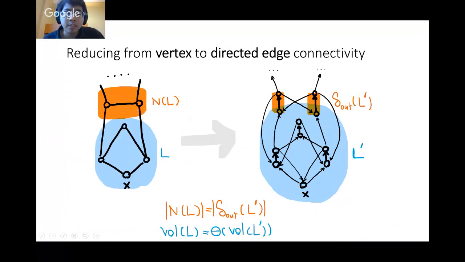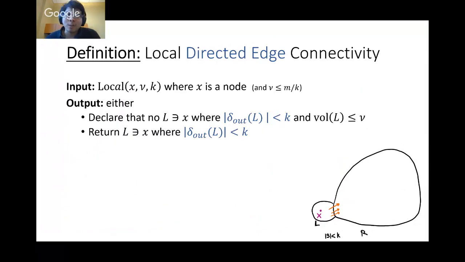The volumes are within some constant factor. So this reduction preserves the size of the cut exactly, and the volume is almost the same. Just by this reduction, it is quite clear that we can work with the directed edge connectivity problem. So this is what we will focus on from now.